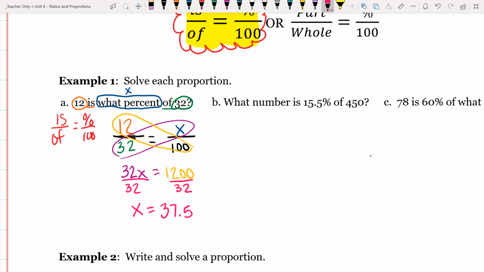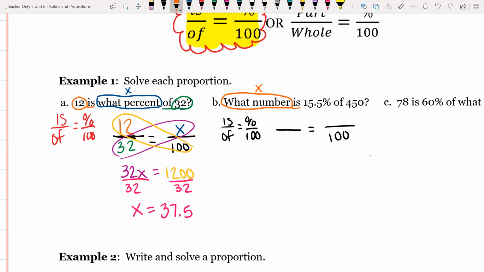All right, so we're going to do the next one. We have the word is, what number? So we're finding that. Remember, our proportion is is over of equals percent over 100. We always have the 100, right?